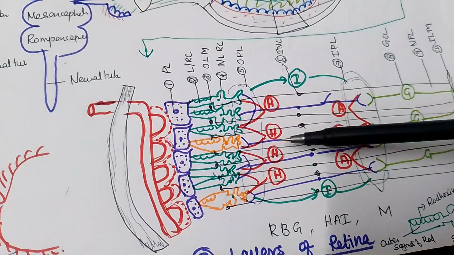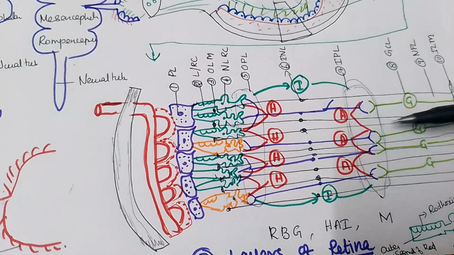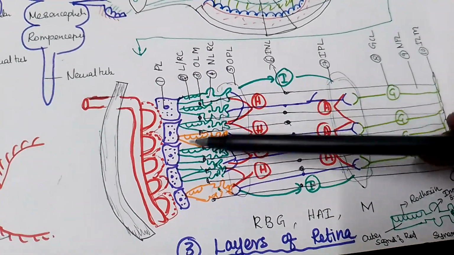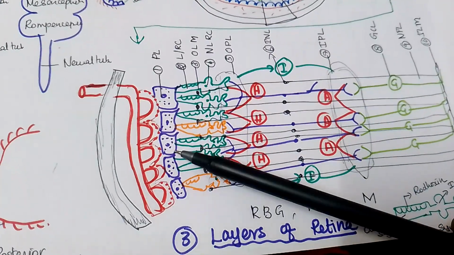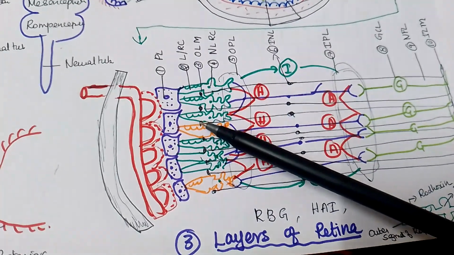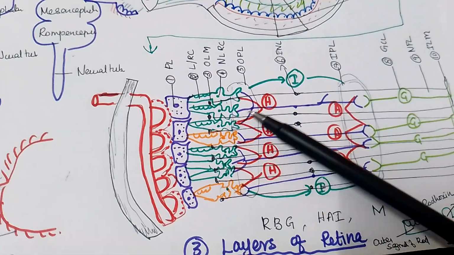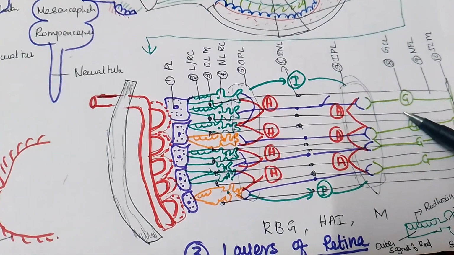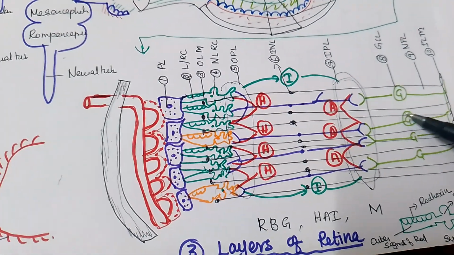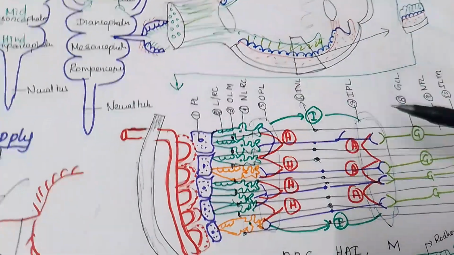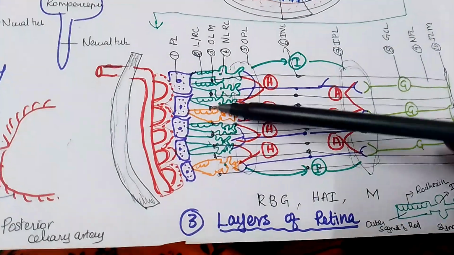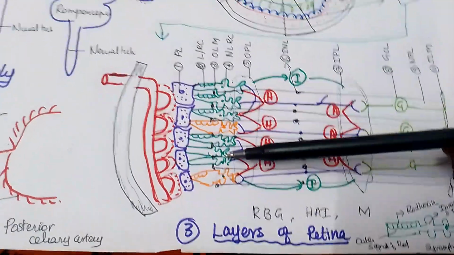These cells form the retina. According to this arrangement, this is the outer side of the retina and this is the inner side. Light waves are coming and passing, changing into graded potentials, and then converted into nerve impulses, going to the optic disc and then to the central nervous system. So now we are focusing on the layers of the retina.